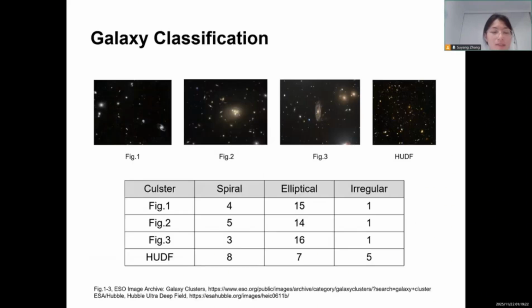When we classified the galaxies in the selected cluster images, we selected 20 galaxies in each image respectively. A very obvious trend can be observed. Most of the galaxies in clusters are elliptical galaxies because the environment of galaxy clusters is very dense.